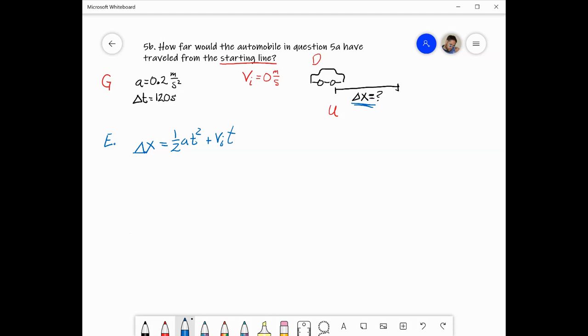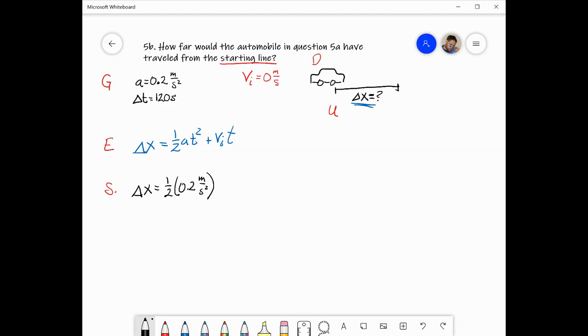So I am already ready to substitute. I'm getting pretty close here. So I'm going to substitute the things in that I already know. Let's go ahead and do that here. I'll do it in black. So I've got my change in position is equal to 1/2 times my acceleration, which is 0.2 meters per second squared.